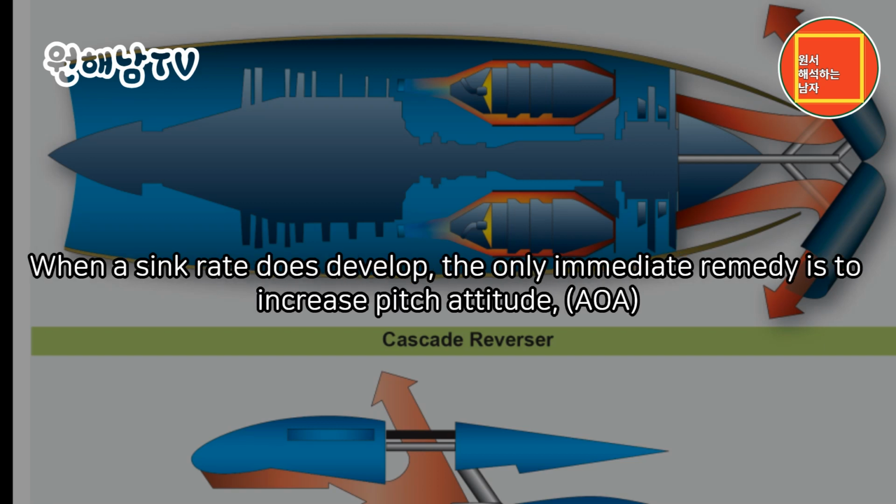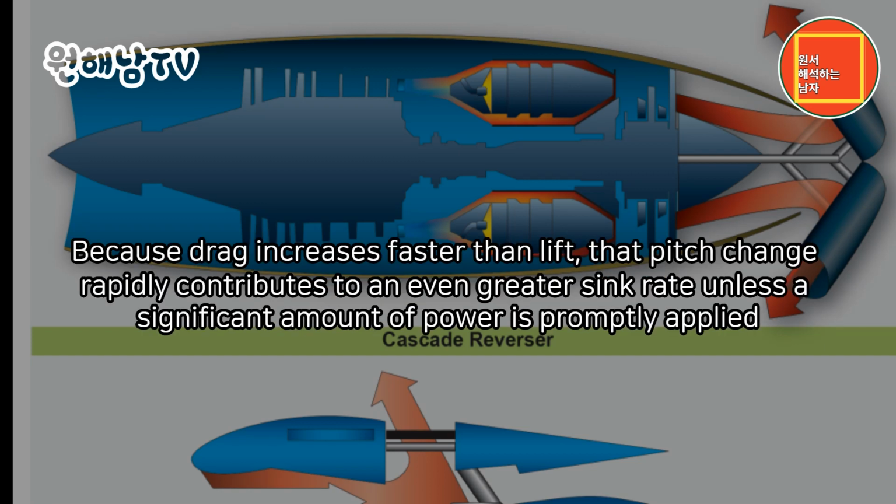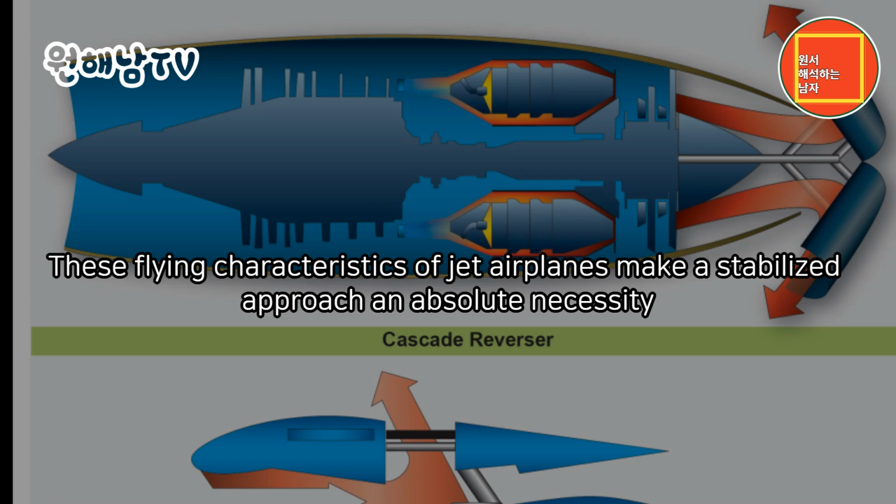When a sink rate does develop, the only immediate remedy is to increase pitch attitude, AOA. Because drag increases faster than lift, that pitch change rapidly contributes to an even greater sink rate, unless a significant amount of power is promptly applied.